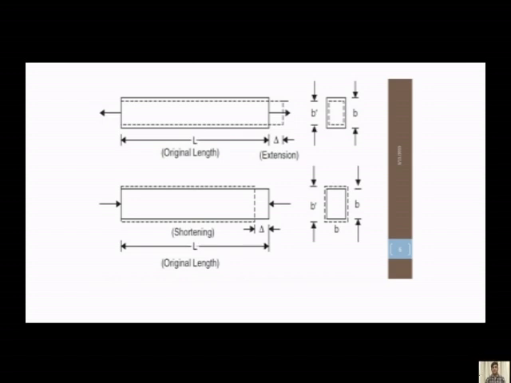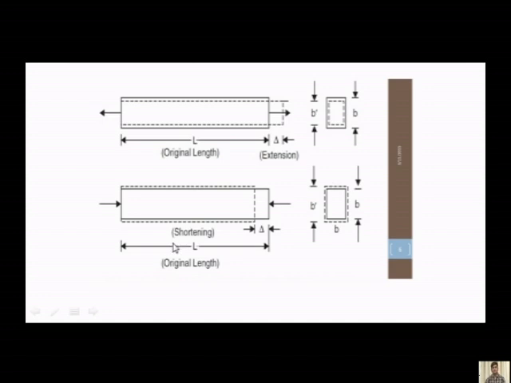See the other example of strain: original length, extension, it is a tensile strain. You can observe the change in the lateral dimension.